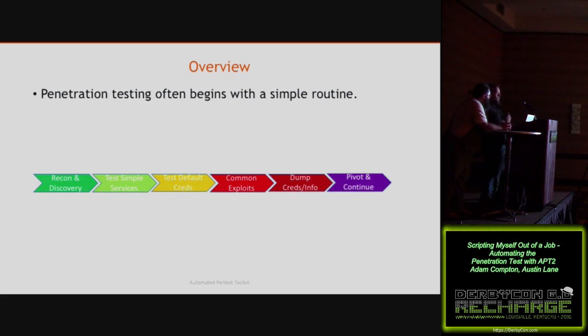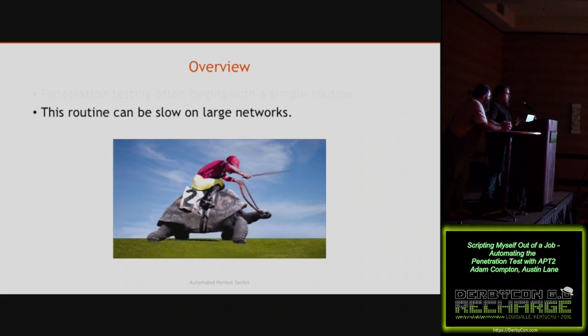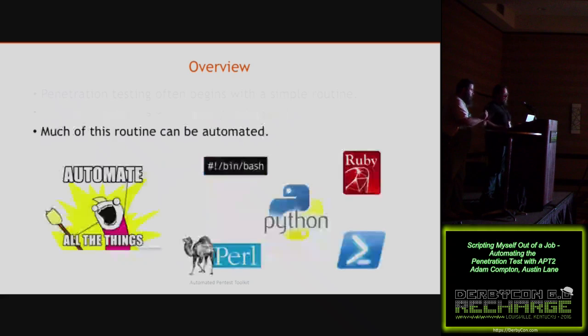What we found is this routine can be slow on large networks. The bigger the network, the more instances of each service you're going to have to go through, checking anonymous, admin, and so on, on every single one. But most of this can be automated.